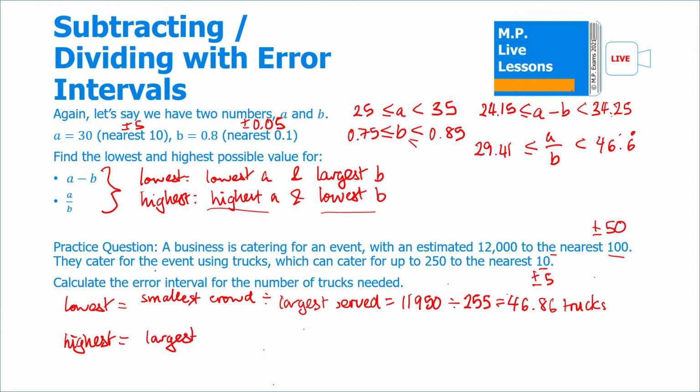So for the largest, it's the opposite, so we have the largest crowds possible, divided by, let's say, the trucks on a bad day won't serve as many, so there'll be the smallest number of people served.